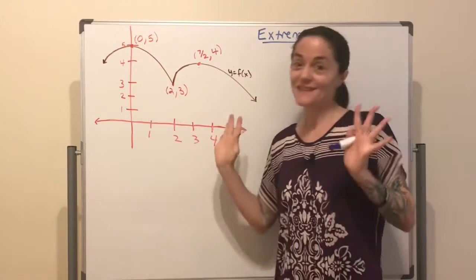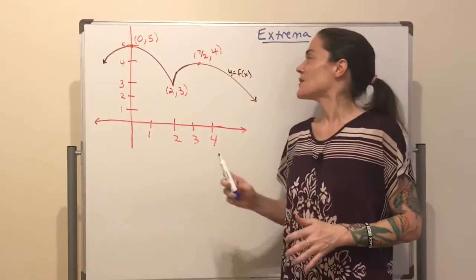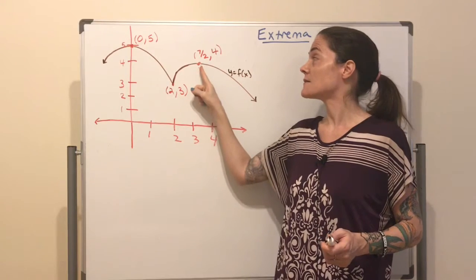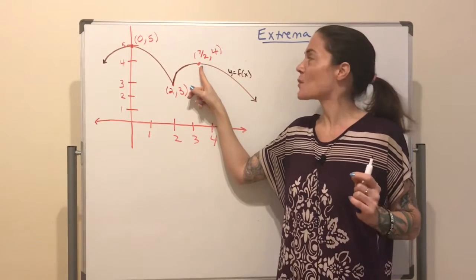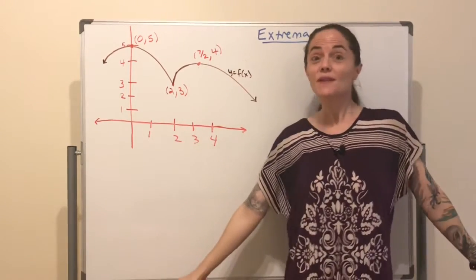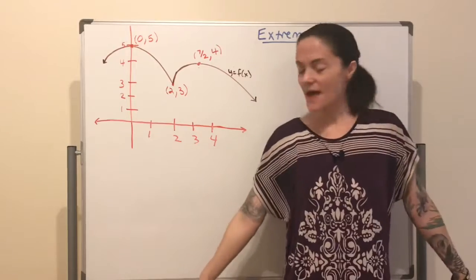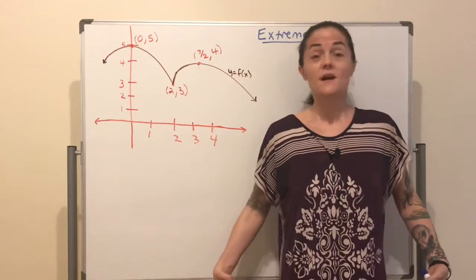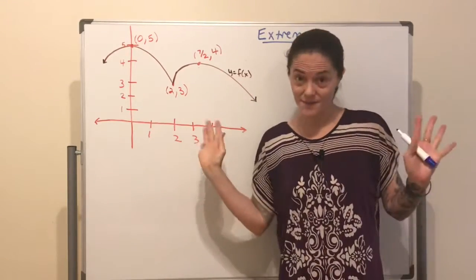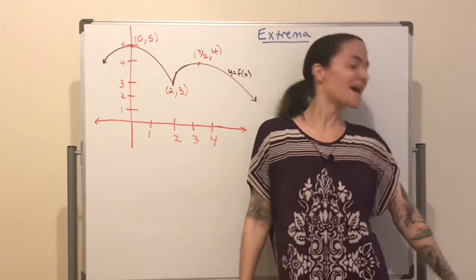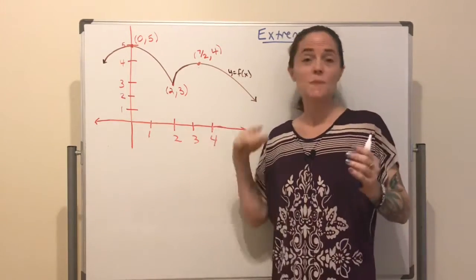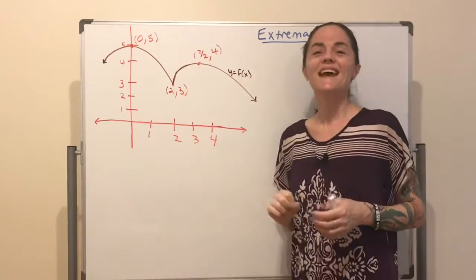But I want to make a different comment first. So let's stand, well, okay, we can stand here or we can stand here. Maybe let's stand at this point, 7/2, comma 4. Okay, here we are. If you look on each side of that point on the graph, the function values are less than or equal to 4, right? Look this way, look this way. The function values, well, in this case, they're less than 4, they are lower, okay?